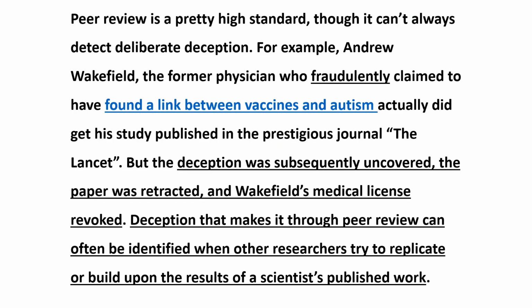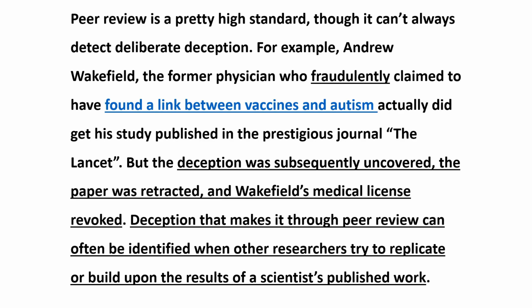Peer review is a pretty high standard, but it cannot always detect deliberate deception. For example, Andrew Wakefield, the former physician who proudly claimed to have found a link between vaccines and autism, actually did get his study published in the prestigious scientific peer-reviewed journal The Lancet, but the deception was subsequently uncovered, and the paper was retracted, and Wakefield's medical license was revoked.